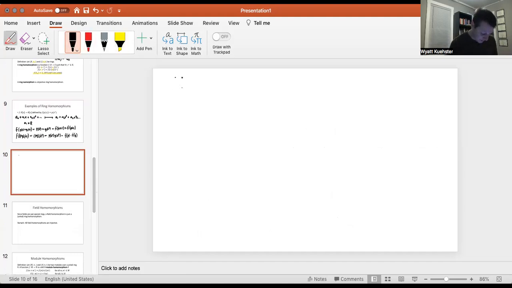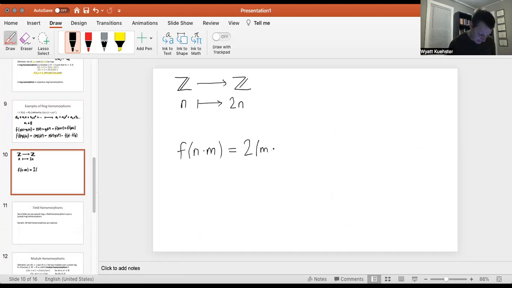Remember this homomorphism of groups, Z maps to Z, where n goes to 2n. This was a group homomorphism, but it's not a ring homomorphism, because f of n times m equals 2 times m times n, whatever.